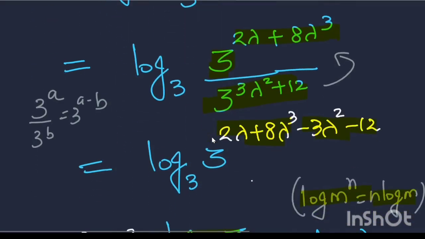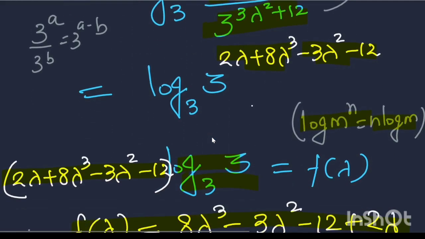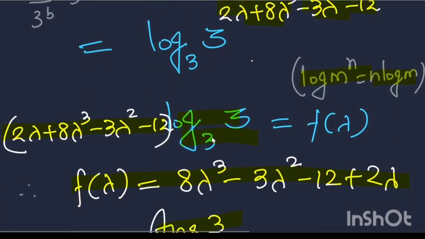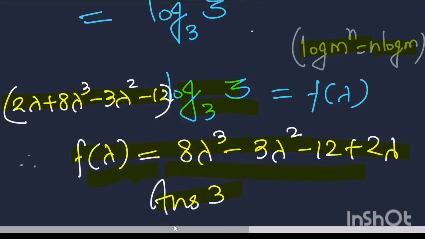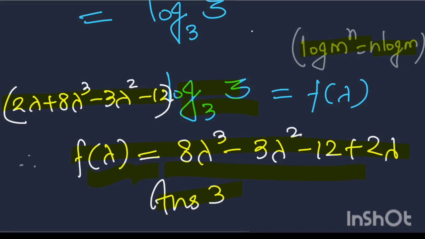Earlier steps also can lead to the answer, but if the question asks for what exactly is f lambda, then we need to solve it till the end like this. So that's the answer, which is 3.